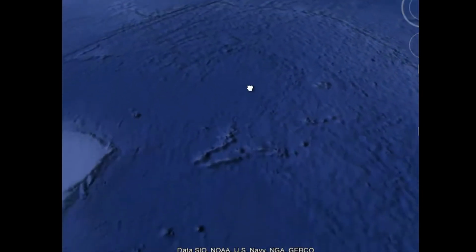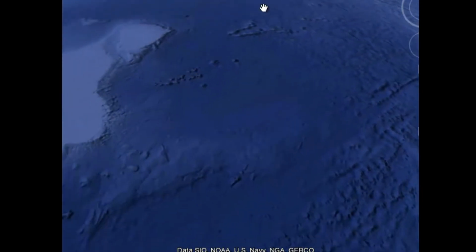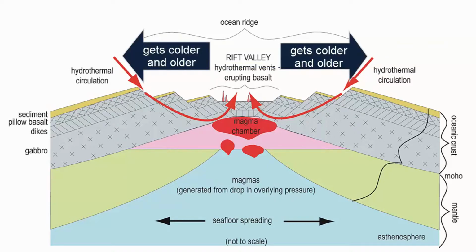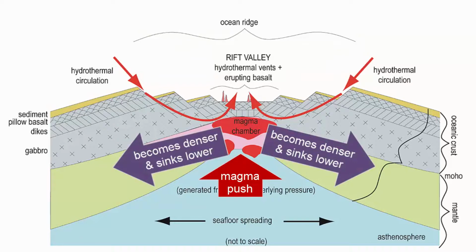Why are these the flattest plains on the planet? As new seafloor forms at the ridges and is pushed away on either side, the crust on both sides gets slowly colder and older. As the lithosphere leaves the upwarped push of the ridge and attaches more mantle to its base, it becomes denser and sinks lower into the asthenosphere.